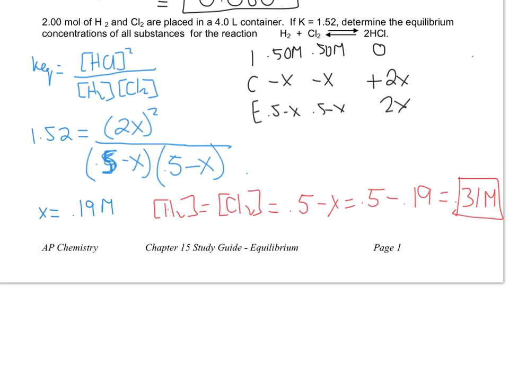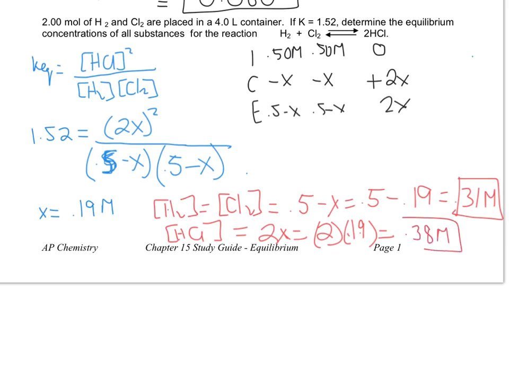And then you also want the concentration of the HCl, which is 2x, so that's 2 times 0.19 molar. So that's equal to 0.38 molar. And so we got all of the concentrations.